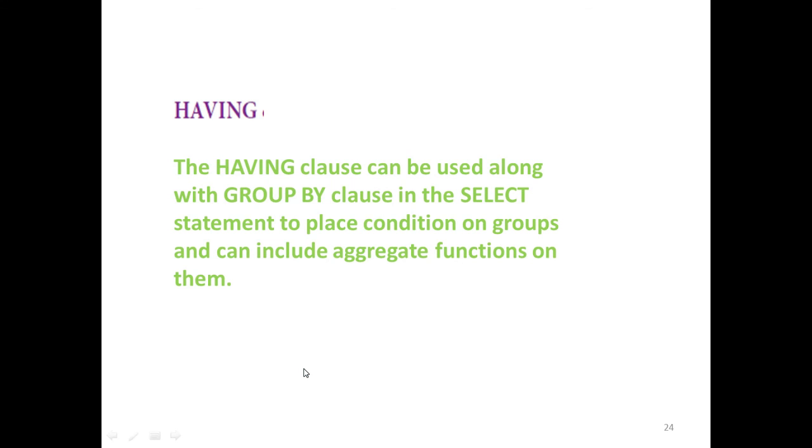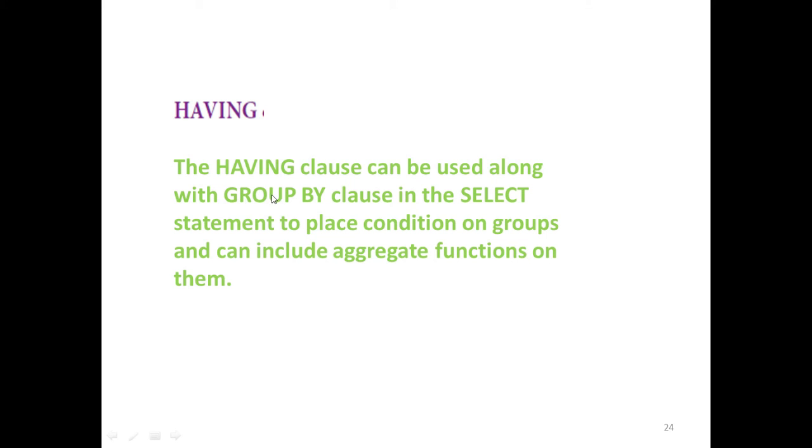Okay. Then HAVING. What is HAVING? The HAVING clause can be used along with the GROUP BY clause in the SELECT statement to place a condition on groups, and can include aggregate functions on them.